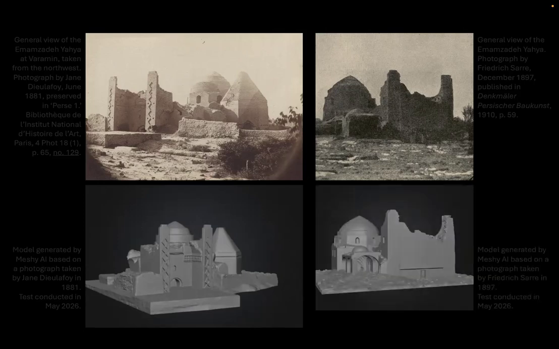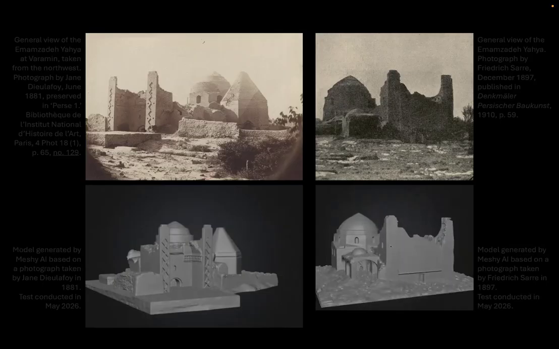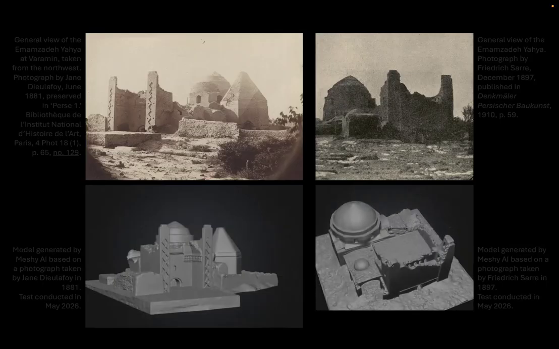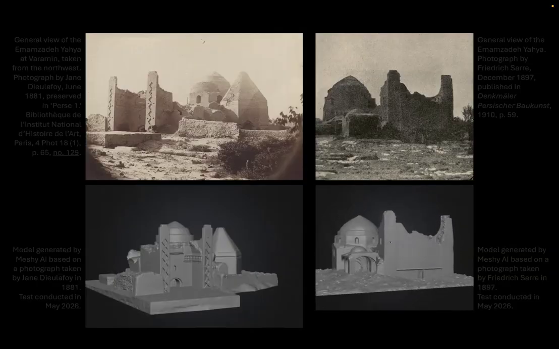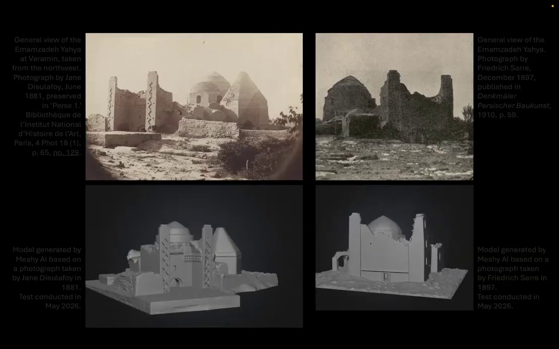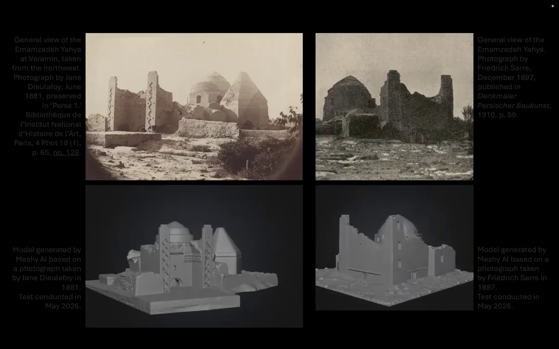More advanced multi-view reconstruction methods, such as NeRF, are designed to address this issue by enforcing consistency across different viewpoints. Yet, these approaches typically require a large number of overlapping images and reliable camera calibration that are not available in the case of the Emamzadeh Yahya complex.